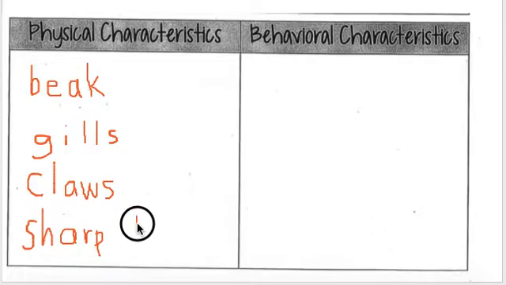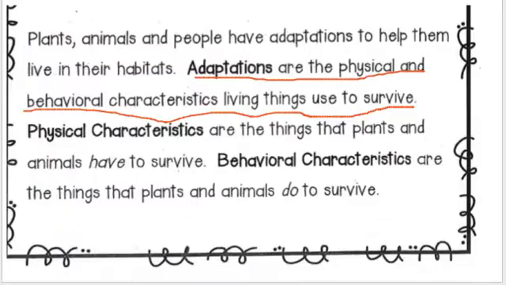These are just some examples. Think about all different animals and what they have on their body to help them survive. All right, so this is just examples. You can use these or you can think of your own. Either way is perfectly fine.